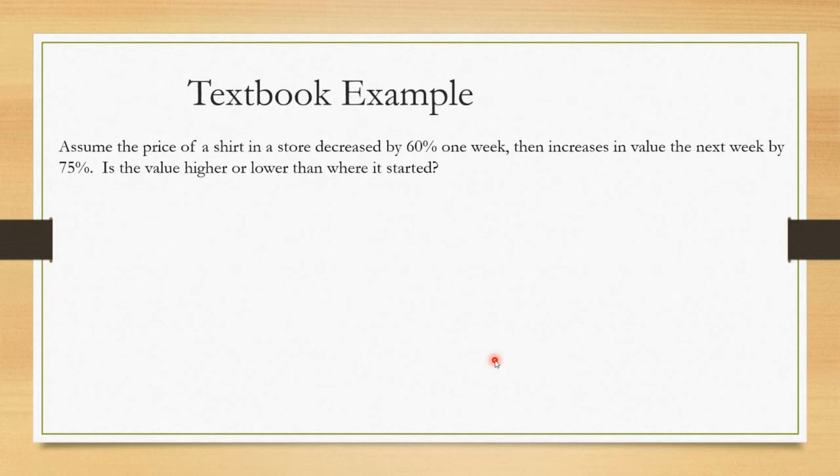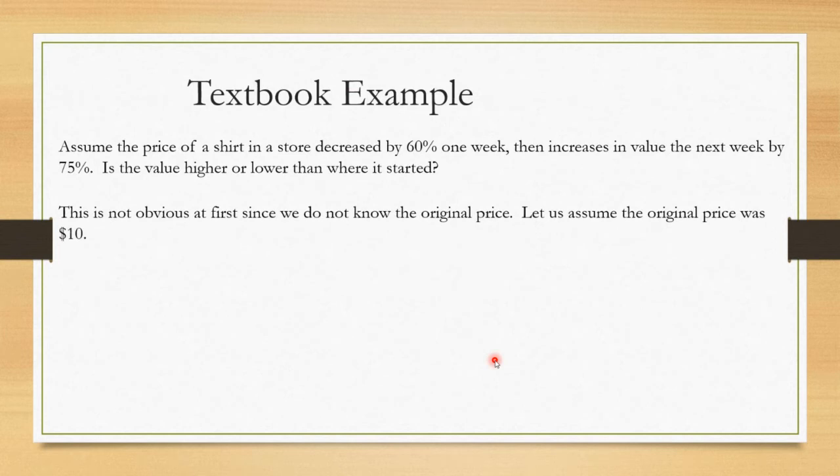Well, notice we don't have enough information to solve this. We don't know the original price of the shirt. I think in the book they actually do this with a stock, like you buy on Wall Street. I'm doing this with a shirt. But here again, we don't know the original price. Well, let's assume it was $10.